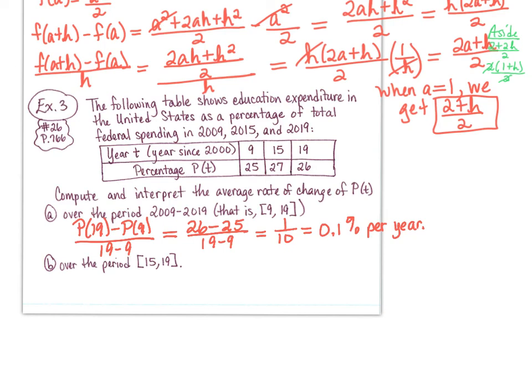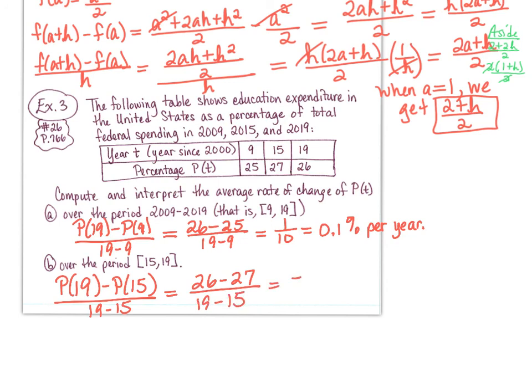Do part B and interpret it. So over the period 2015 to 2019, that's given by P of 19 minus P of 15 over 19 minus 15. That's equal to 26 minus 27 all over 19 minus 15.